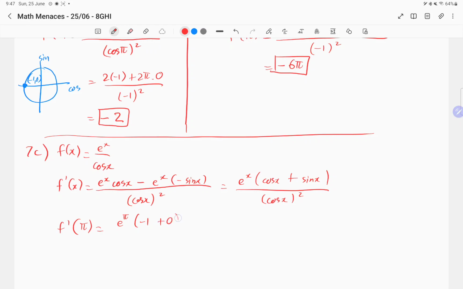If it's cos x times x, it's x cos x, right? Yeah.